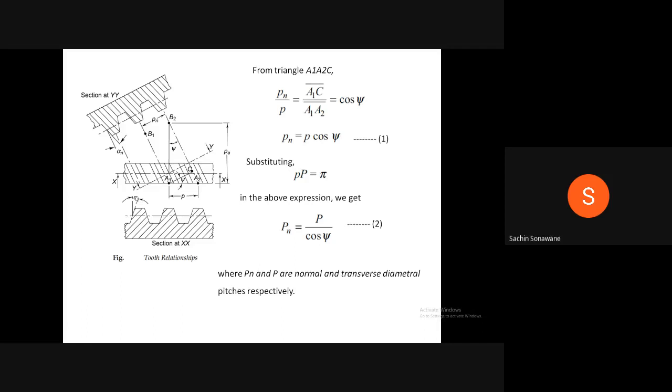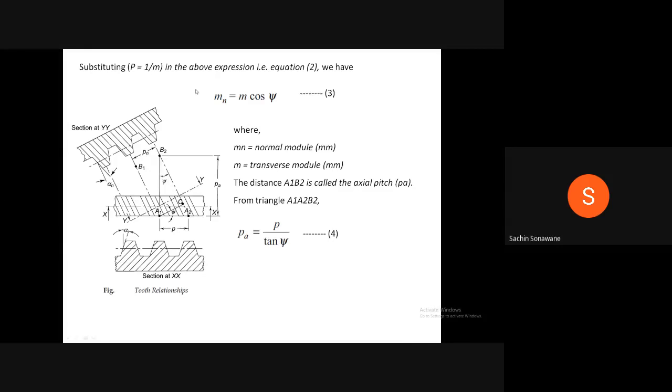Therefore, substituting capital P is equal to 1 upon m. Always remember, diametral pitch is equal to inverse of module. In the above expression, that is equation 2, we have Mn is equal to m cos psi. Equation number 3, where Mn is the normal module in mm, and small m is the transverse module in mm. The distance A1B2 is called axial pitch PA.